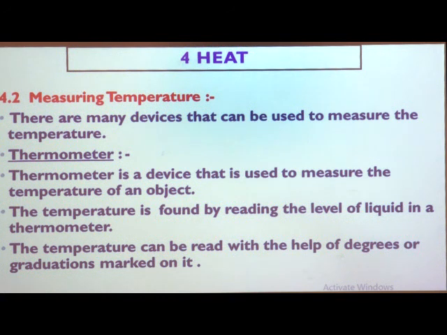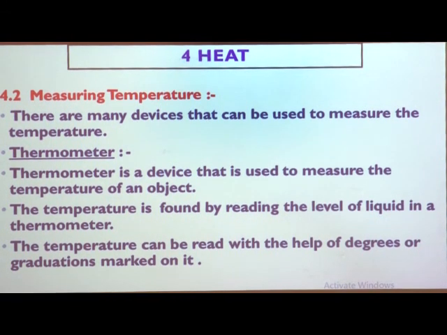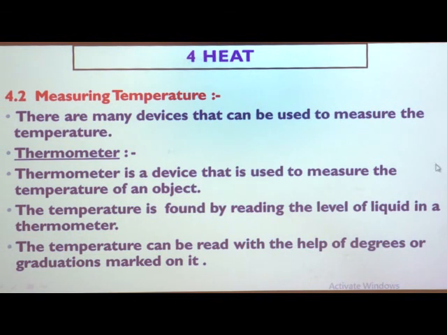That is why we have to make these types of devices. By these devices, we can easily measure the extent of coldness and hotness of objects. That device which is used to measure temperature is called a thermometer. A thermometer is a device that is used to measure the temperature of an object.